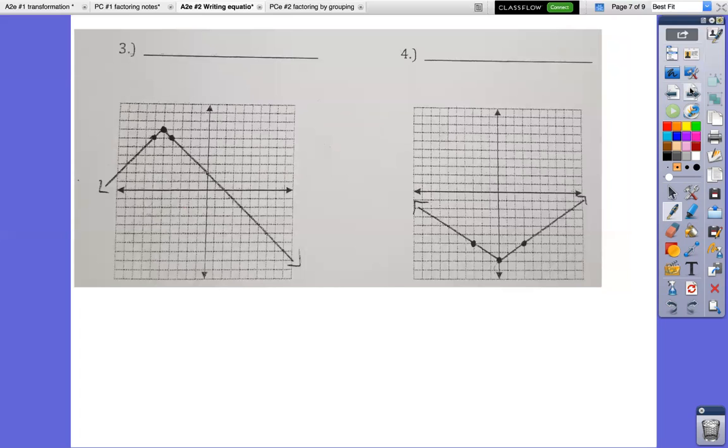Try 3 and 4 on your own real quick. And then I'm going to go a little faster once we do this. So real quick, I'm going to give you about 2 minutes to do number 3 and 4.